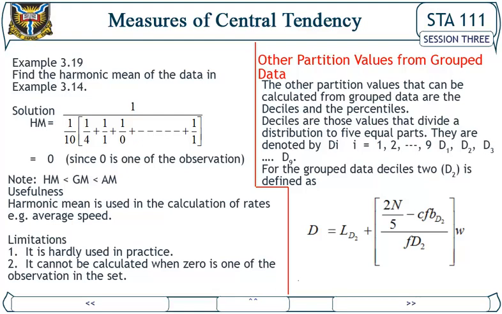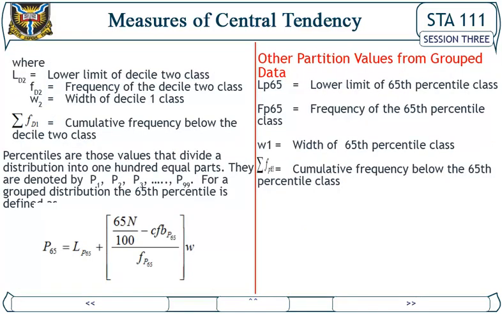For the grouped data, decile 2, D2, is defined as below, where LD2 is equal to the lower limit of the decile 2 class, FD2 is equal to the frequency of the decile 2 class, W is equal to the width of the decile 2 class, and summation F is equal to the cumulative frequency below the decile 2 class.